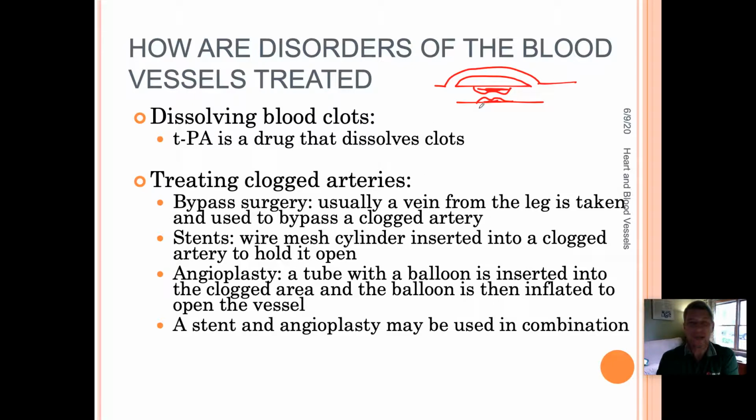And oftentimes nowadays, stents and angioplasty are used simultaneously. So they'll go in, they'll open up the clog with the balloon and place a stent in there so that the blood continues to flow evenly and efficiently.